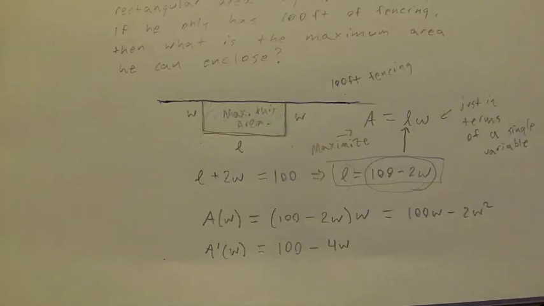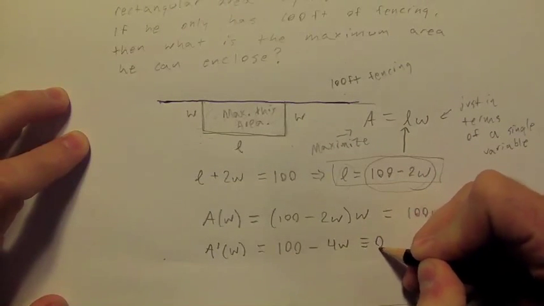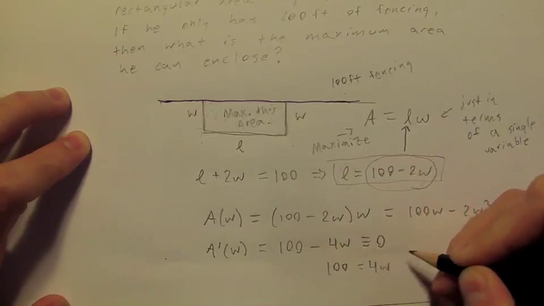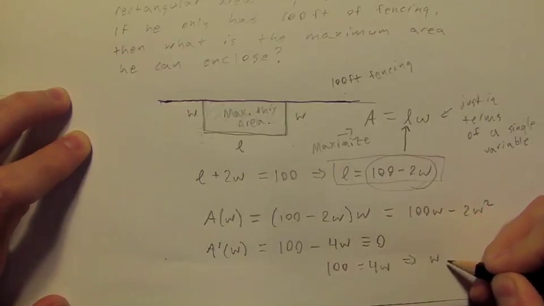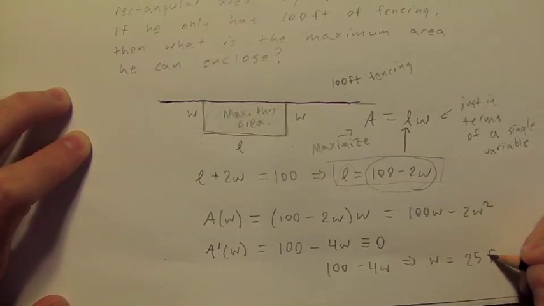And now, to find the critical point, we set that equal to 0, and we get 100 is equal to 4W, which gives me that W is equal to 25 feet.